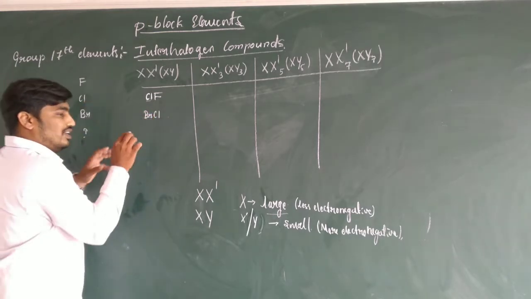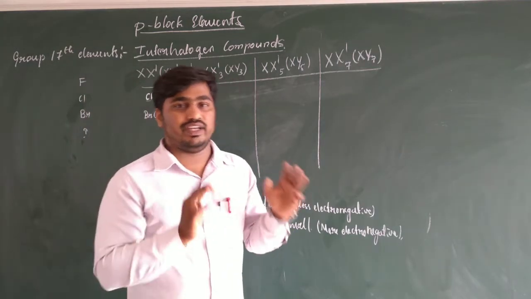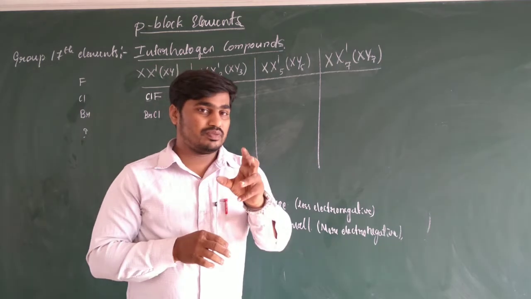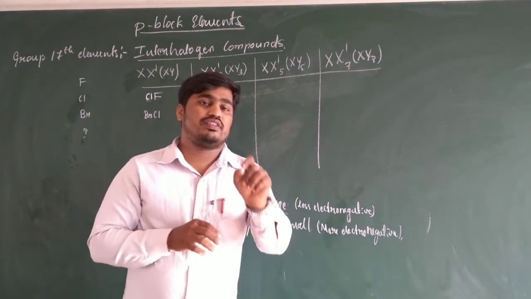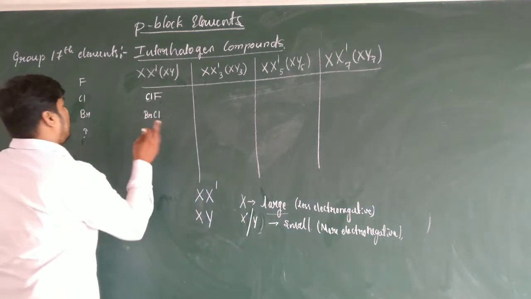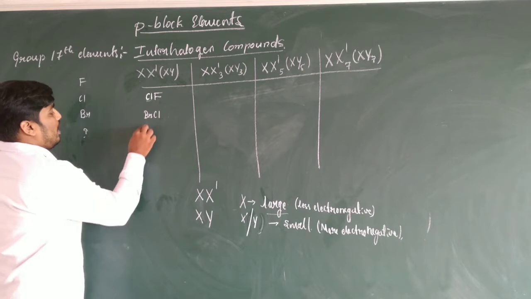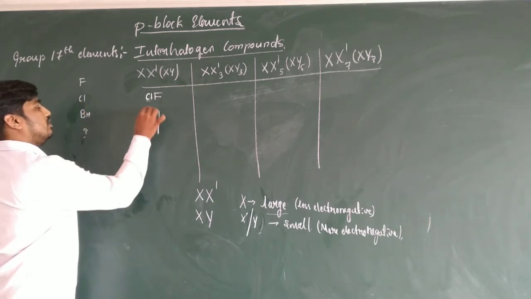Similarly, next BrCl. This compound is less stable. The existence of BrCl is very low because Br is larger in size and Cl is also large. Bond dissociation enthalpy is low, so existence is less. ICl exists.